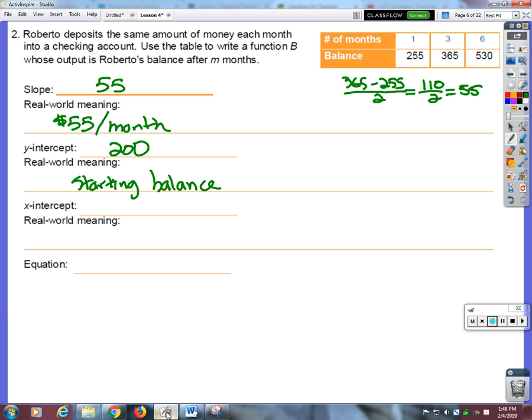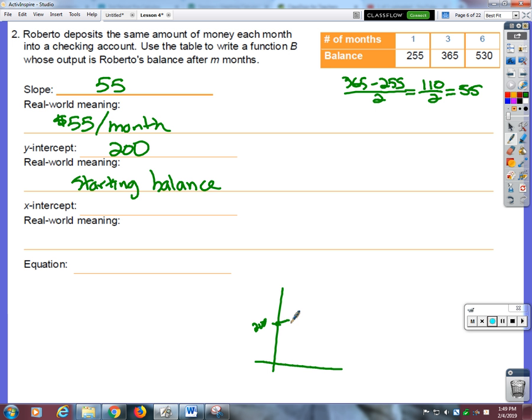Okay. What would be the X-intercept? I'm asking the class now because it's kind of a tough question. The X-intercept is where the graph would cross the x-axis. So let's think about what the graph is going to look like. Where does the graph start? 200, because McKenna said the Y-intercept was 200.